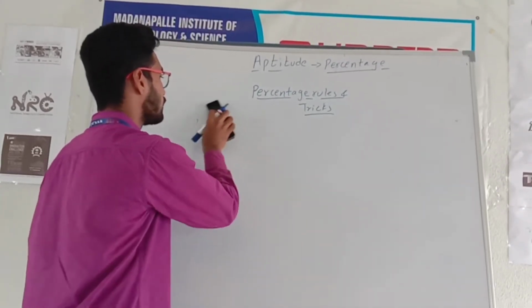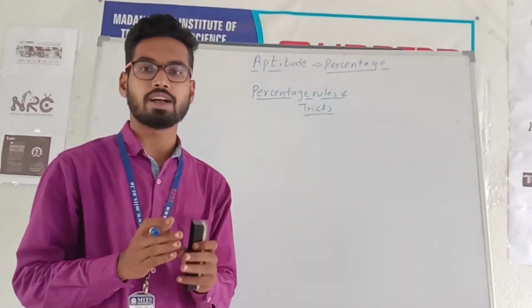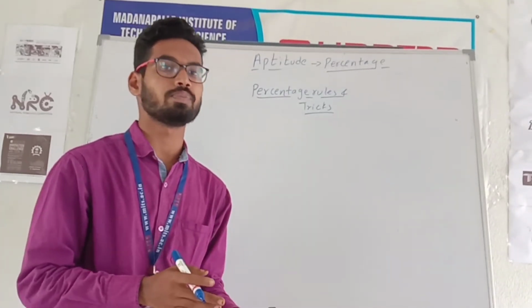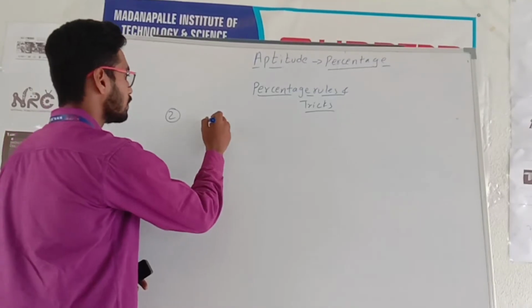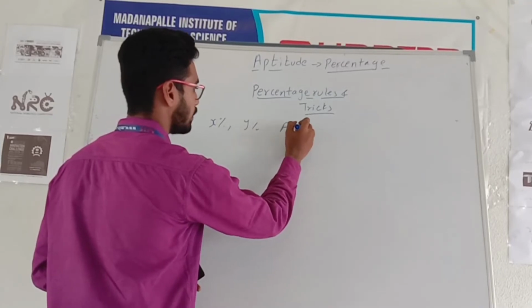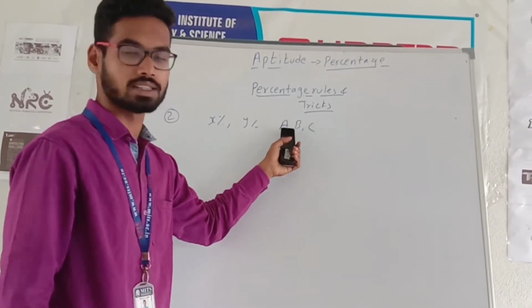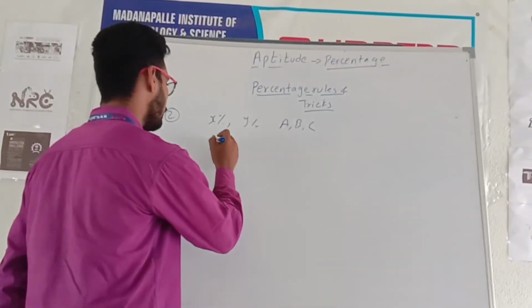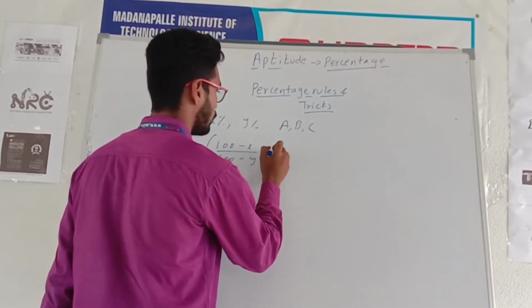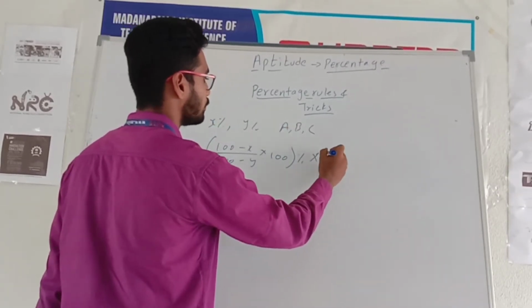This is the first rule and a simple trick. The second trick is if the values are respectively x percent and y percent less than the third value. Here the comparison is between the three values: if the c value is greater than these two values, the same formula is used with minus: (100 minus x) by (100 minus y) into 100 percent of the second value.